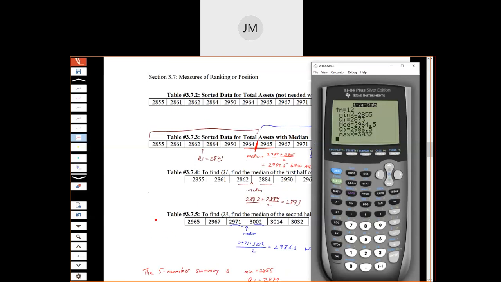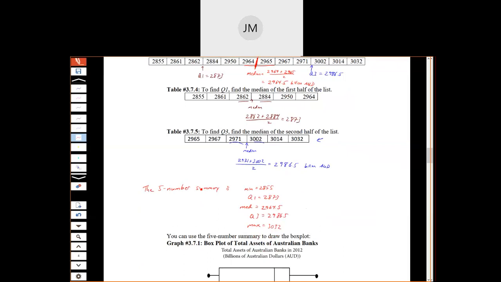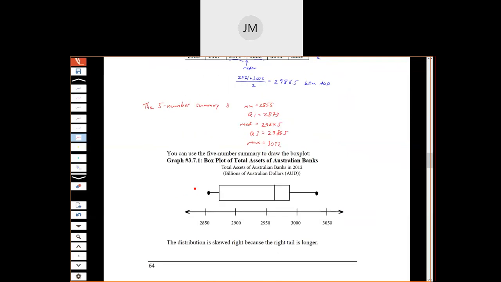Now let's look at this visually. To get a nice visual of this, we're going to create a graph called a box plot. Let me first show you what a box plot is. The box plot is just giving you a graph of this 5-number summary. What we do is we put our minimum value on here.